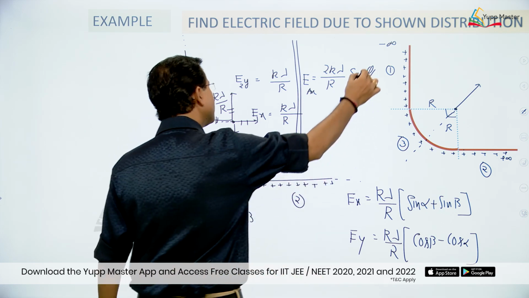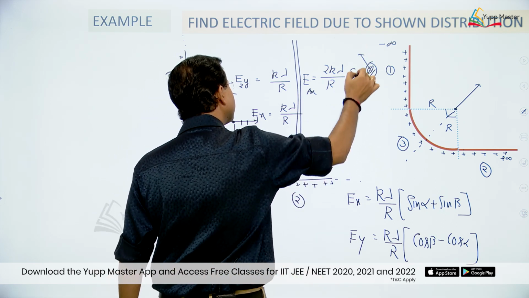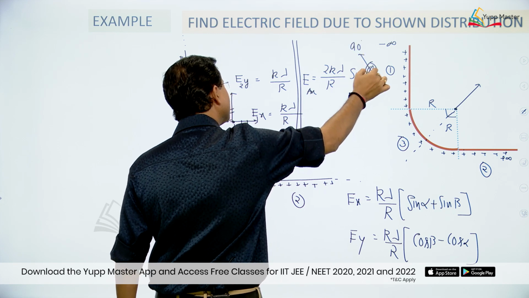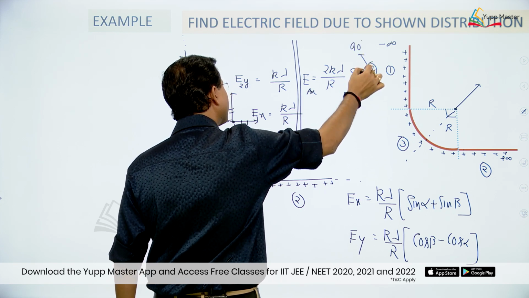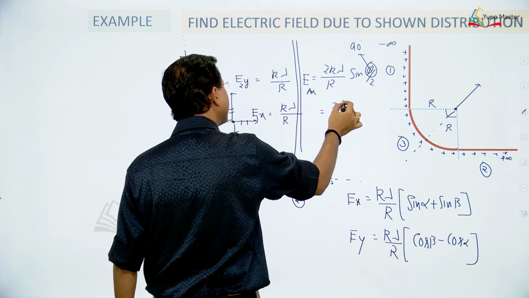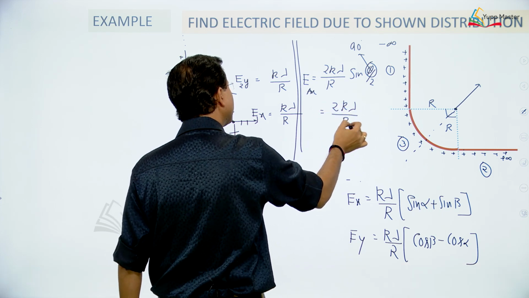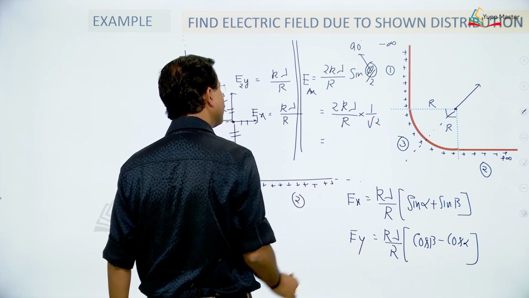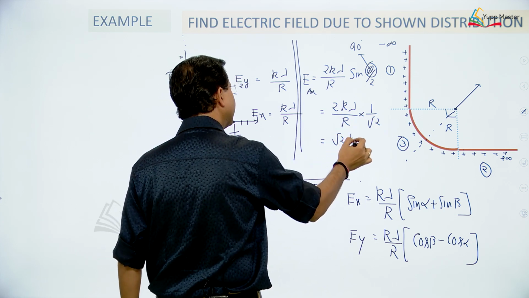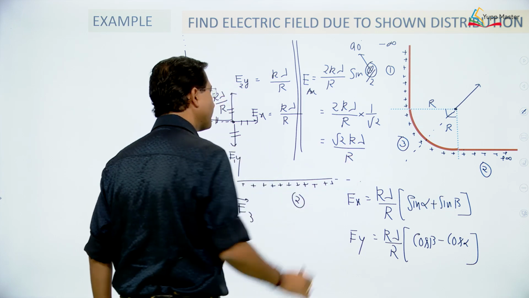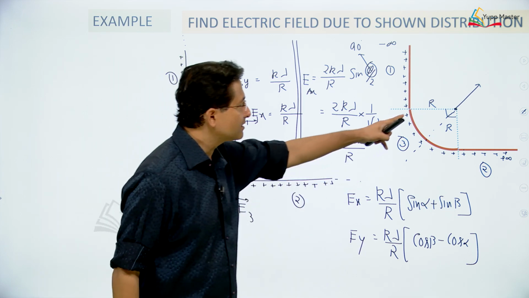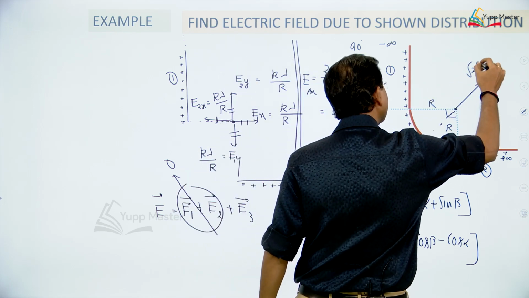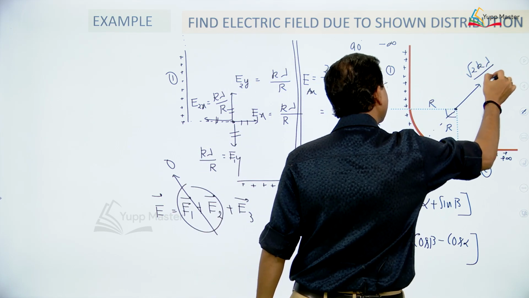So this phi will become pi by 2 or 90 degrees. 90 by 2 gives you 45, sin 45 is 1 upon root 2. So this will become 2k lambda divided by r into 1 by root 2, and if you simplify, that will become root 2 k lambda by r. That means the field will be in this direction and its magnitude will be root 2 k lambda divided by r.